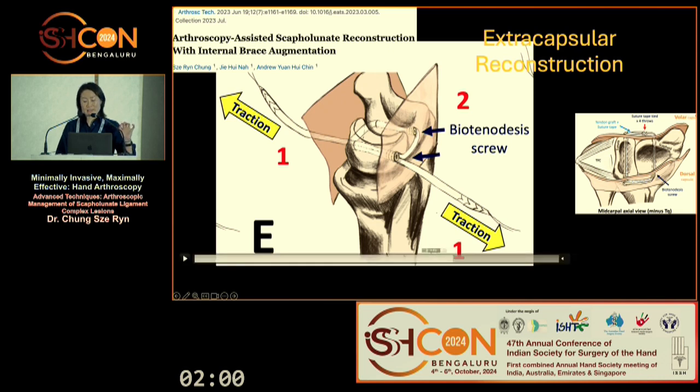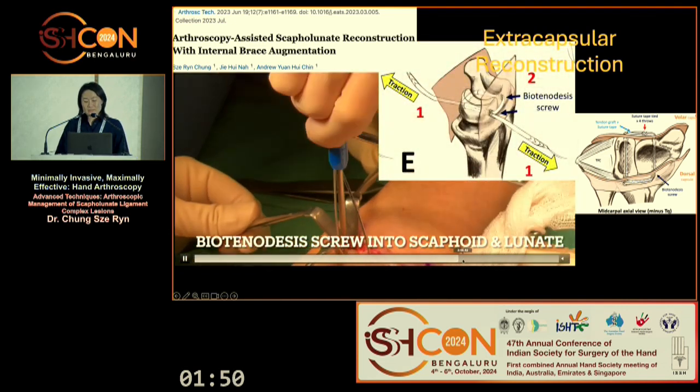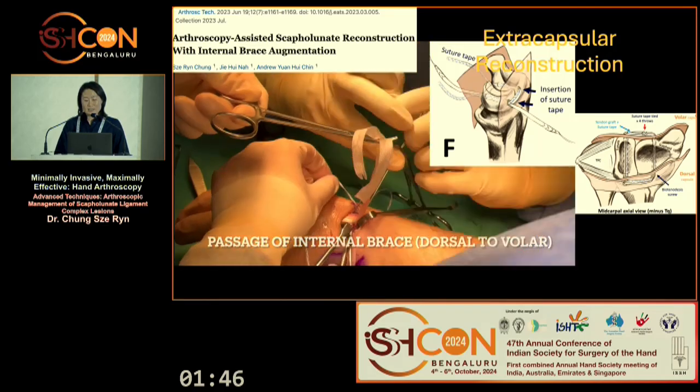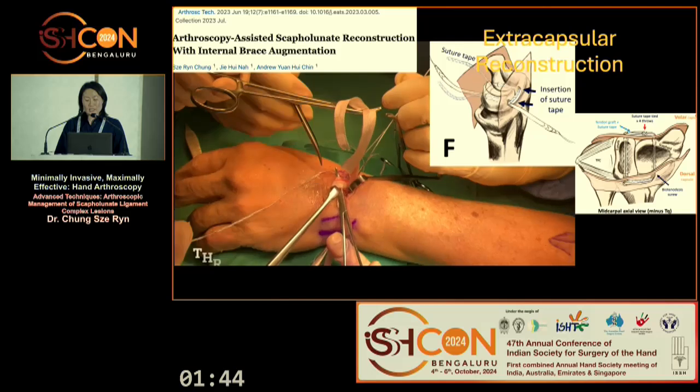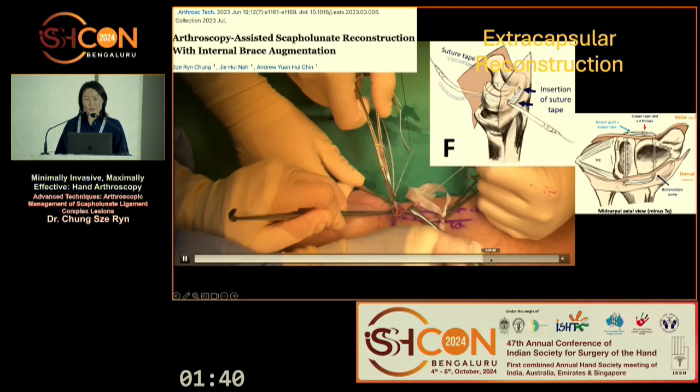And then I place in a biotenodesis screw to prevent chiseling of the internal brace, between the internal brace and the carpal bones. So this is the biotenodesis screw placement, and then placement of the internal brace suture tape from Arthrex, from dorsal to volar direction, and then tying the internal brace at the floor of the carpal tunnel.